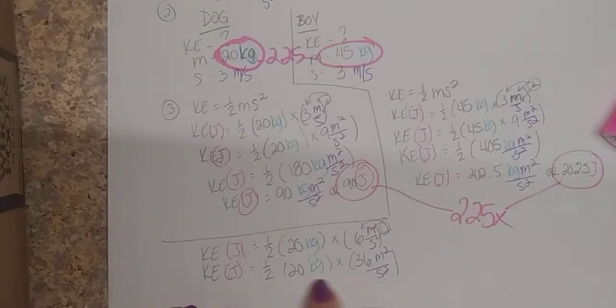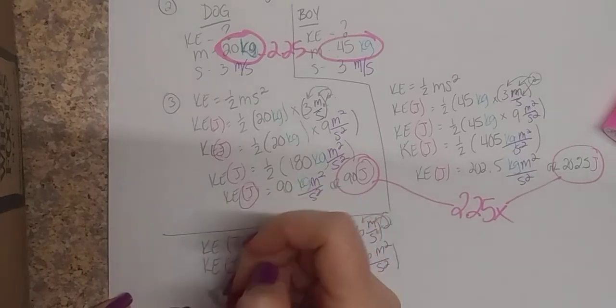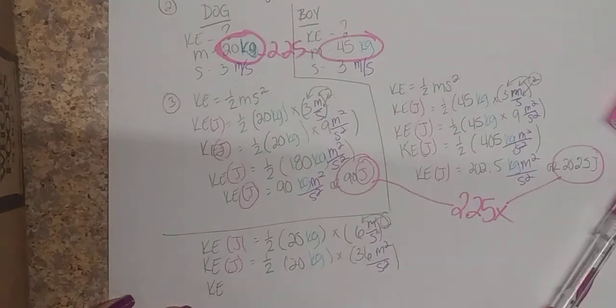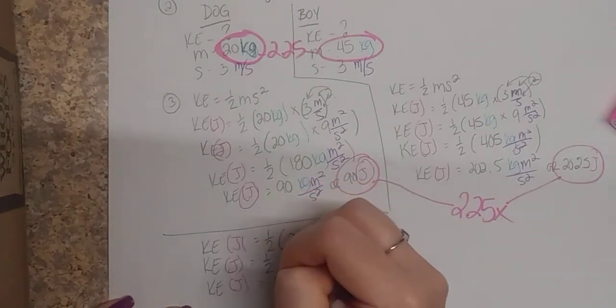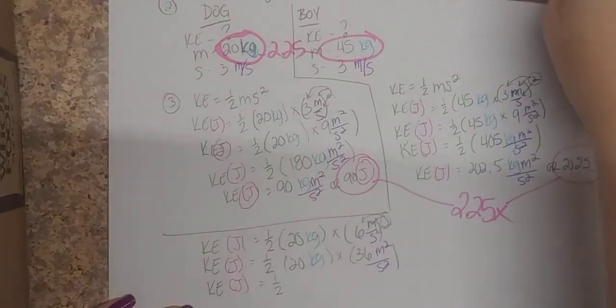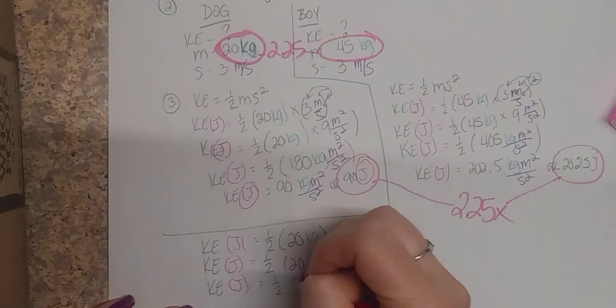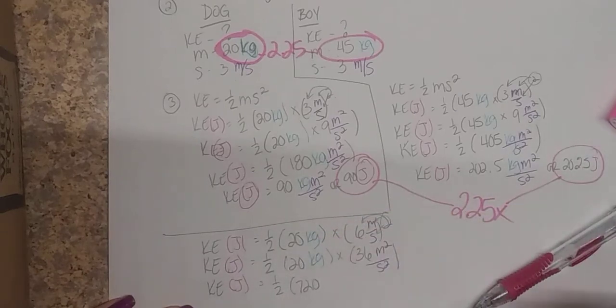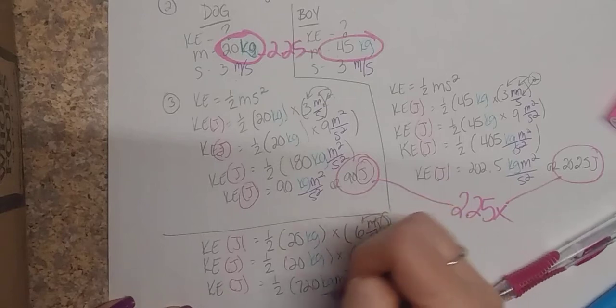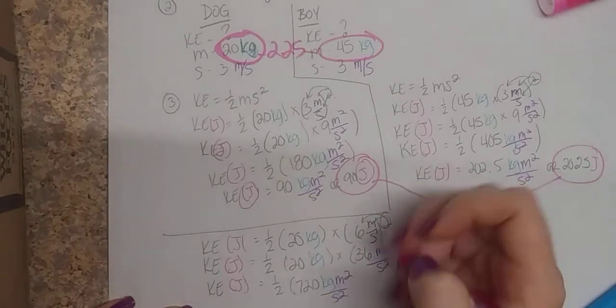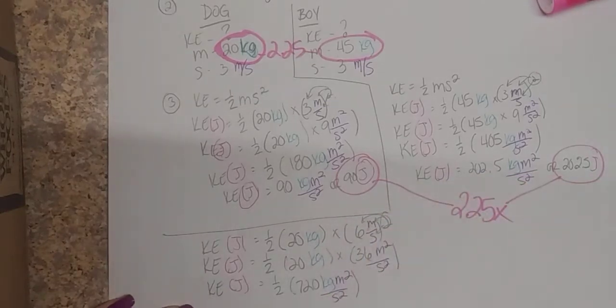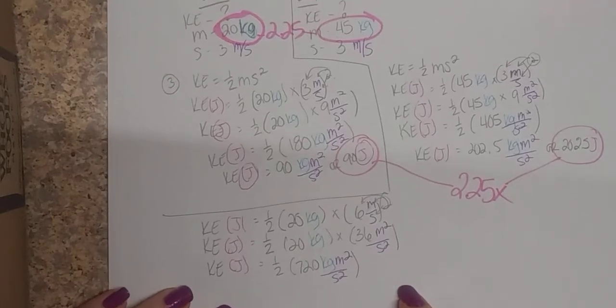Okay, so now I'm going to go inside the parentheses. I'm going to do the 20 times the 36. So again, I have kinetic energy. Energy is measured in joules. I have 1/2. 20 times 36 is 720. Bring my units down. Okay, so I'm just keeping my units.